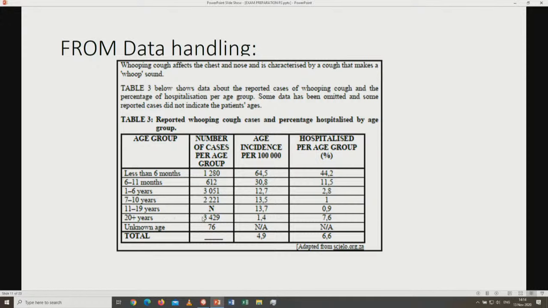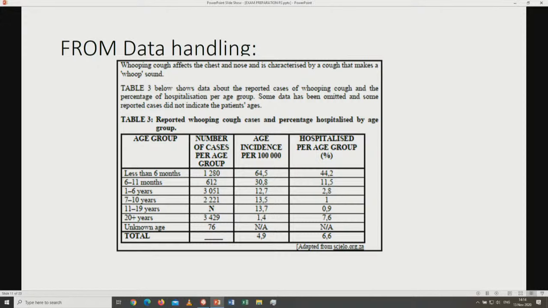Yeah, and 20 years and older, yeah, there are also more cases of whooping cough. Here for babies and for bigger babies, it's actually less. But they are more likely to go to hospital. So you start getting a sense of what is in this table.